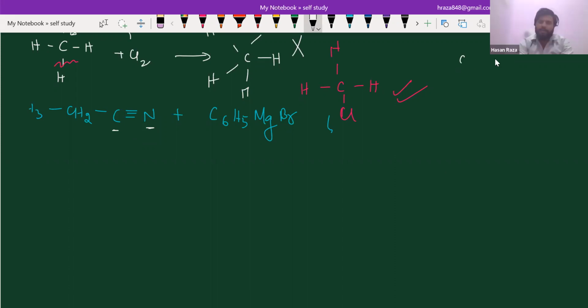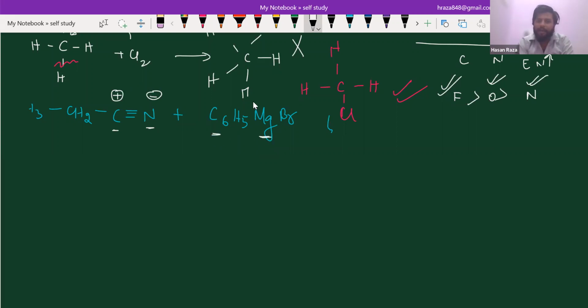No. See, carbon is here, then nitrogen. Whenever we move from left to right in a period, electronegativity increases. And also you need to remember FON. This is the first most electronegative element, then second most, and then third most. So nitrogen is more electronegative, so it will have negative charge, and this will have positive charge. Now, can you tell me magnesium and carbon? This will have positive charge, and this will have negative charge.